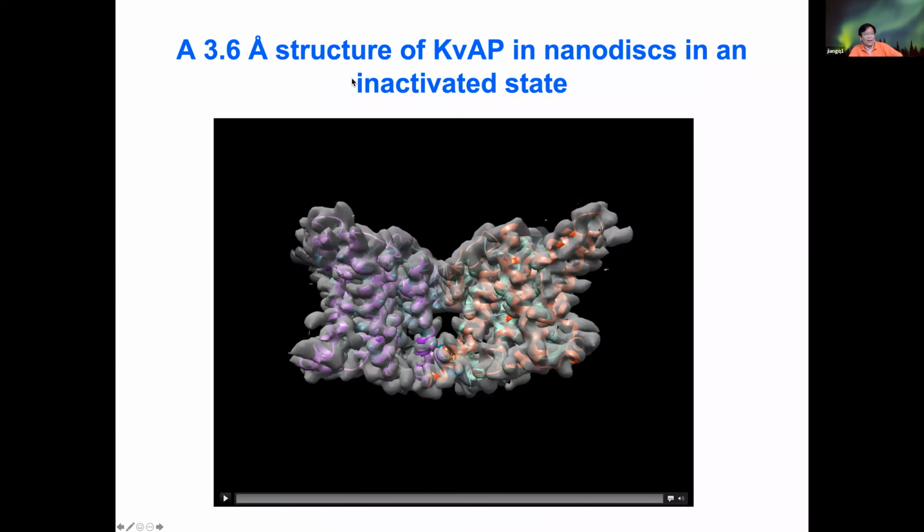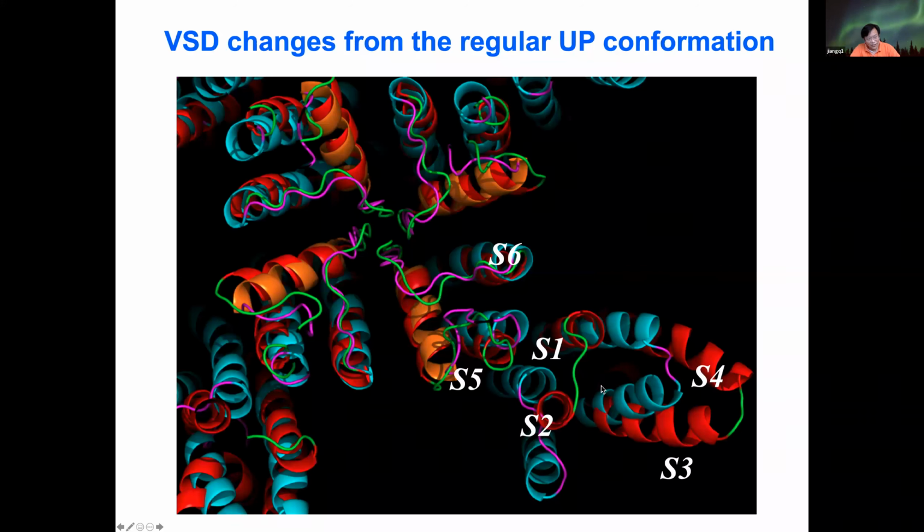We have been able to get a nice data set reaching 3.6 angstrom resolution, which allows us to build a molecular model in this conformation. In this conformation, we can see that the voltage sensor undergoes a significant rotational movement in the lipid bilayer. Instead of vertical movement, it's actually rotational movement in the bilayer.